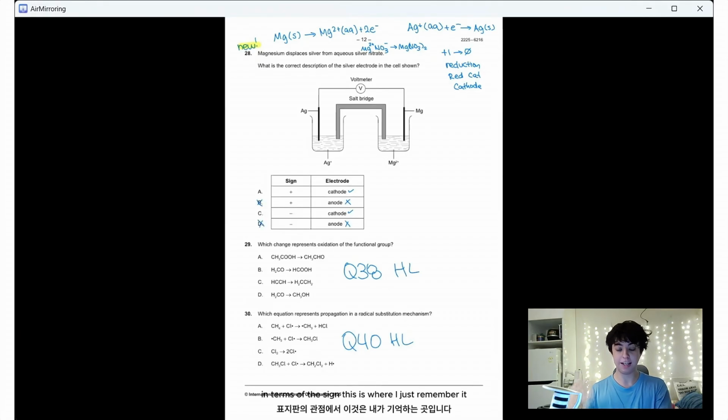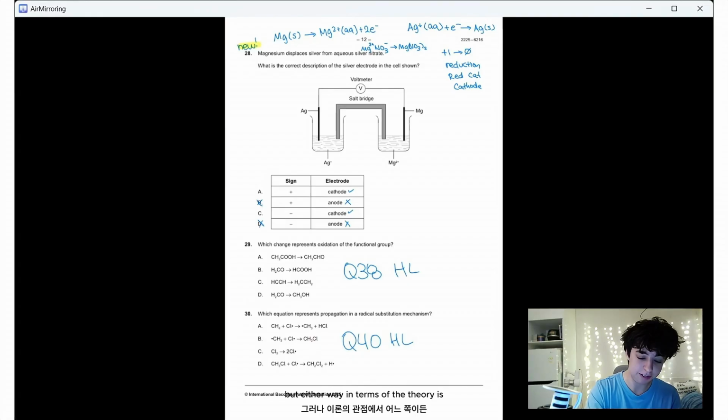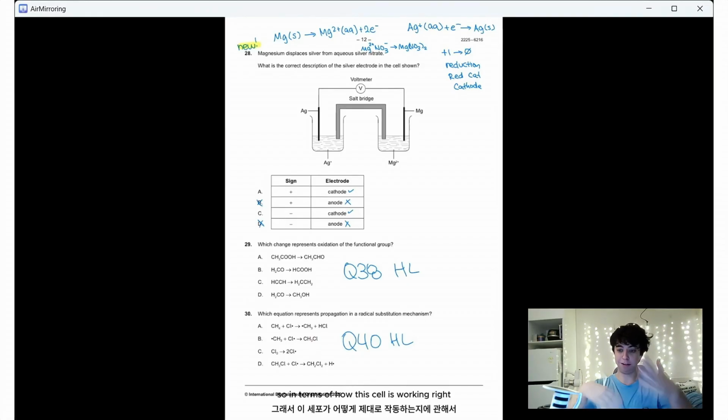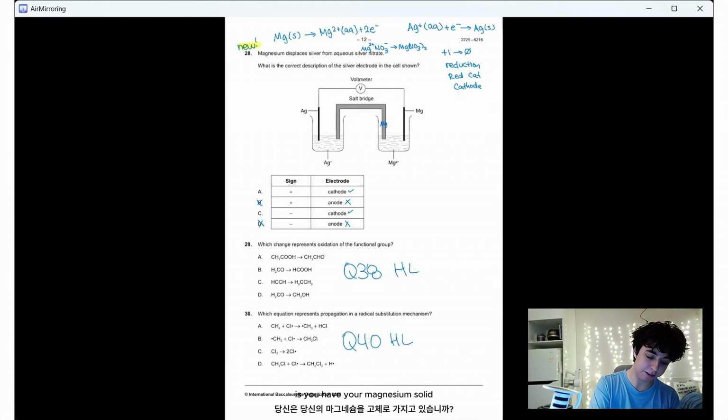In terms of the sign, this is where I just remember it because cathode feels positive to me, but turns out there's actually no linguistic relevance for that. Don't know where my brain got it, but either way, in terms of the theory, whenever you're thinking about how this cell is working, you have your magnesium solid that's falling off to form those Mg2+, and then those electrons are moving over to the silver to then be fed to the silver cations to form the silver metal.